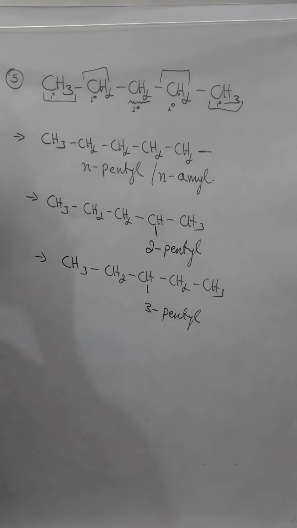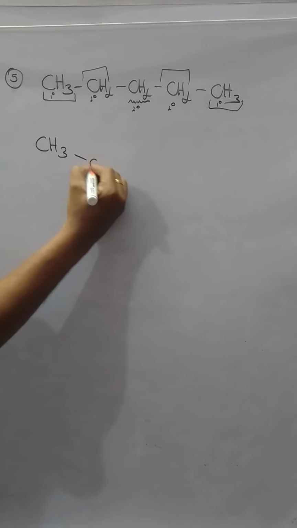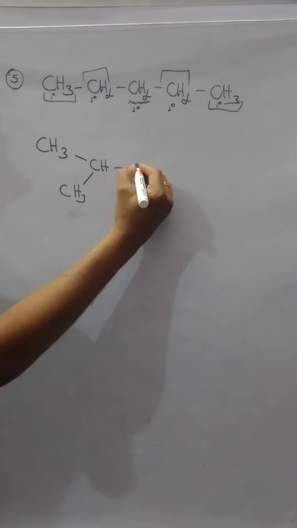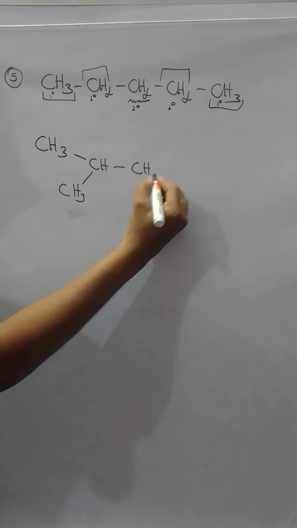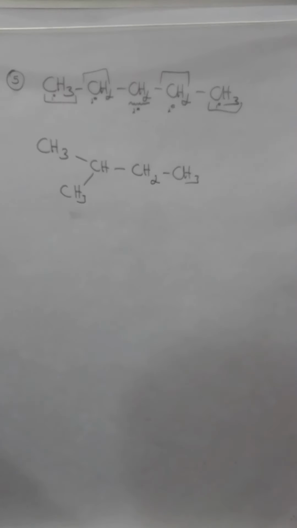Okay. Now another chain isomer is possible. We have a chain isomer for this pentyl. Now that chain isomer is CH3, CH, CH3, and this will be my CH2, CH3. Now this is called as isopentane.